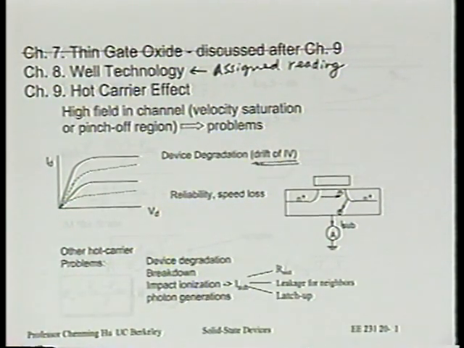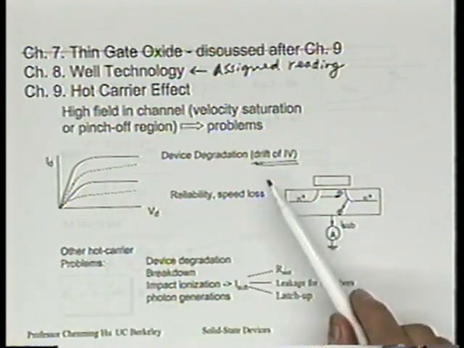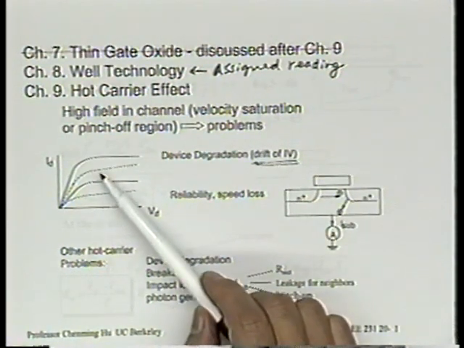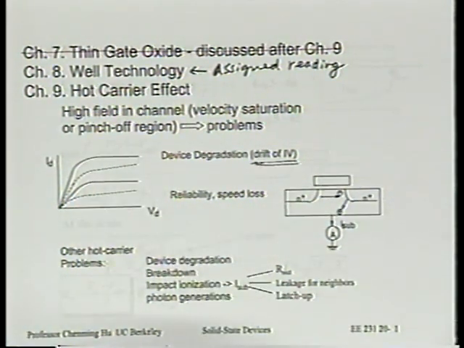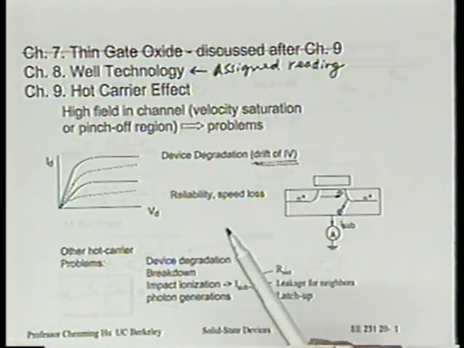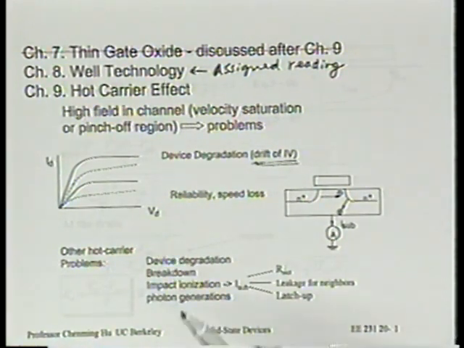Now, usually, not usually, a particular concern is the kind of drift that lowers the device performance. For example, the current drifts to a lower current. And for that reason, we use the word device degradation. It implies becoming a worse device, all right?